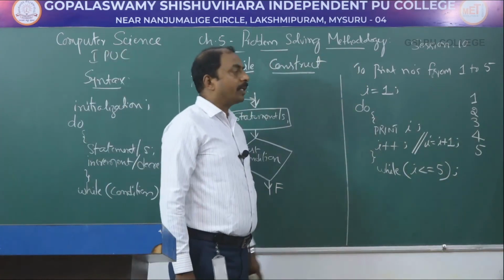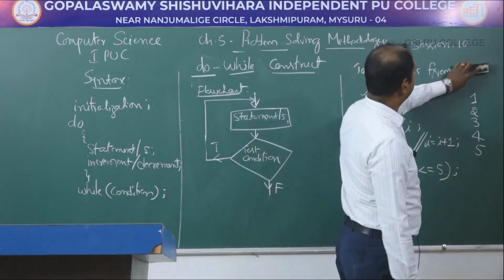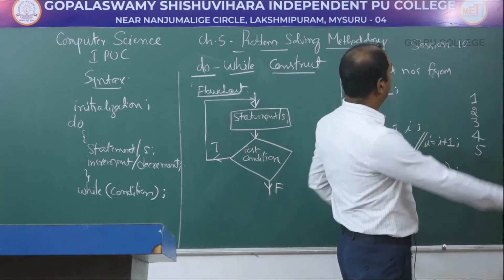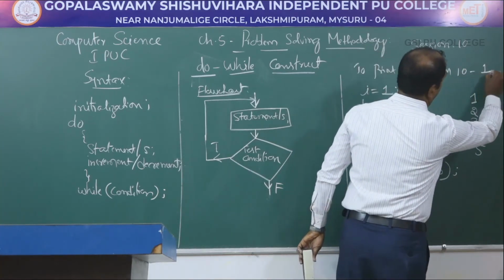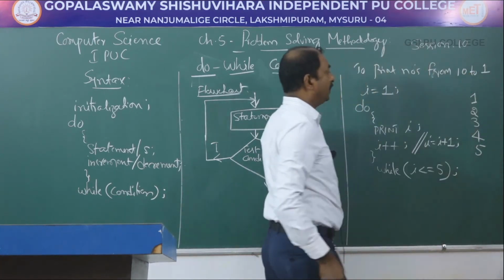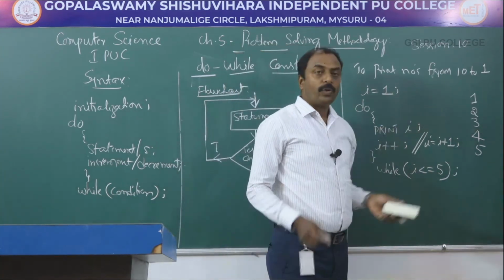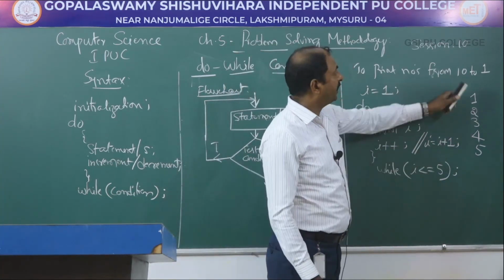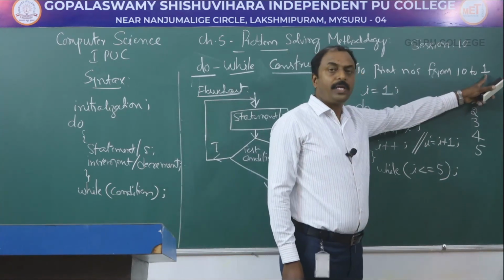Now let us see one more example to print numbers from 10 to 1. So now look at the condition here. In this example, I want to print numbers from 10. So the starting value will be 10 and the final value will be 1.